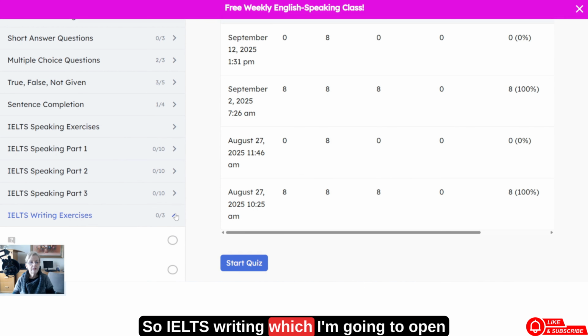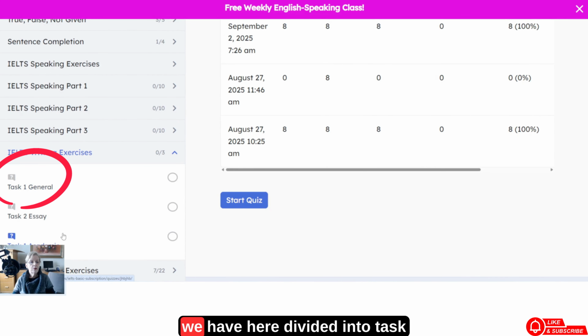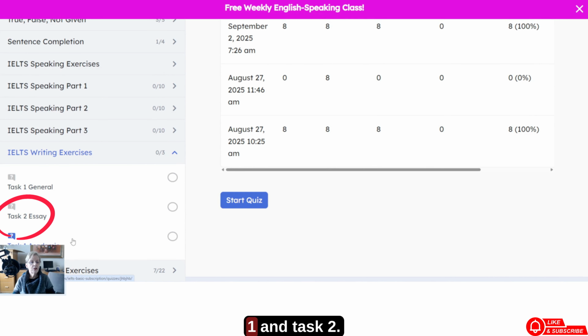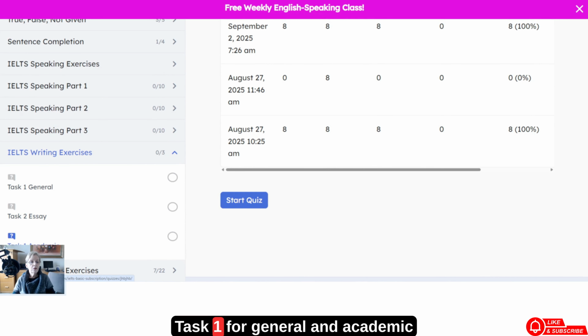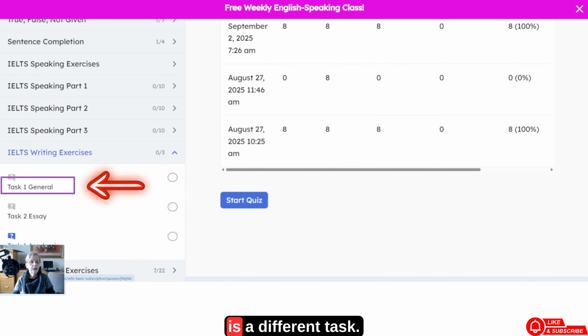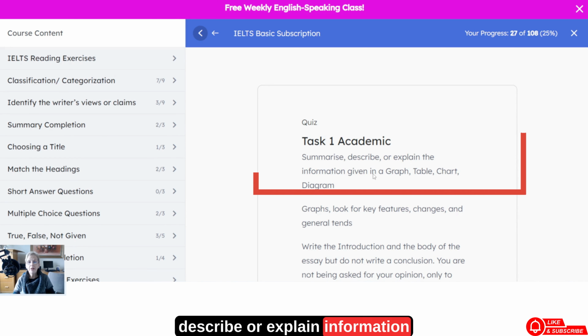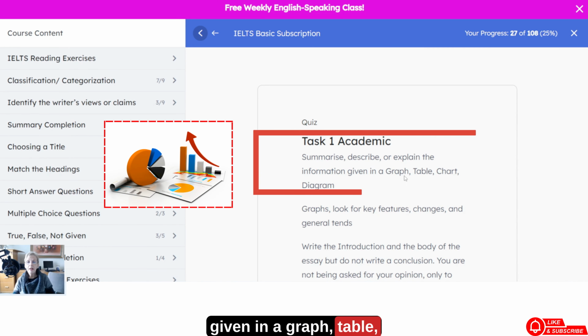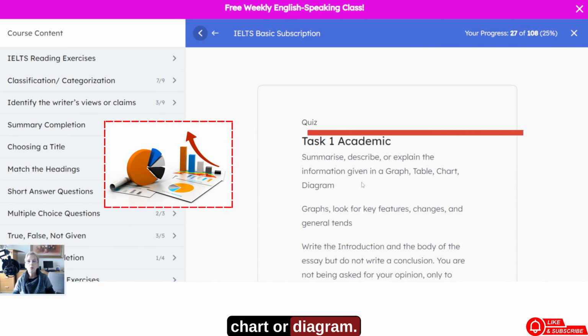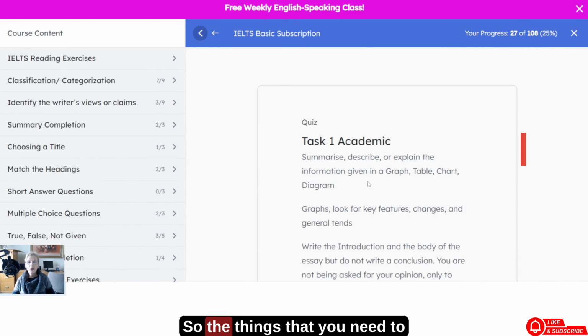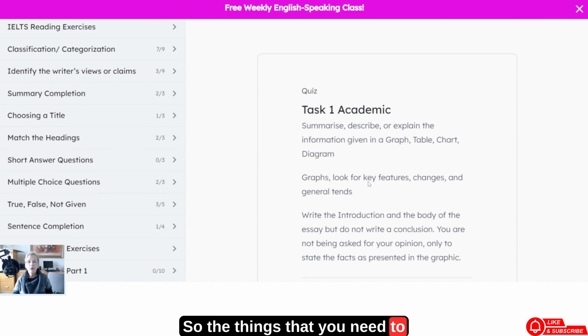So IELTS writing, which I'm going to open now, we have here divided into task 1 and task 2. Task 1 for general and academic is a different task. Today I am going to address task 1 academic, which says summarize, describe, or explain information given in a graph, table, chart, or diagram. So the things that you need to look at, I will address when we've opened the graph.